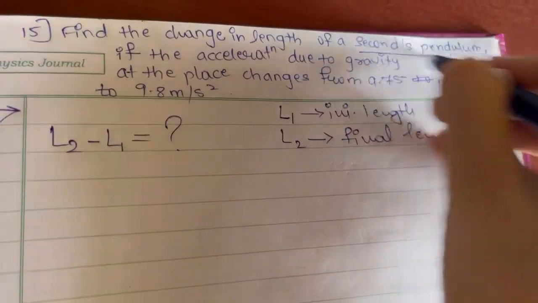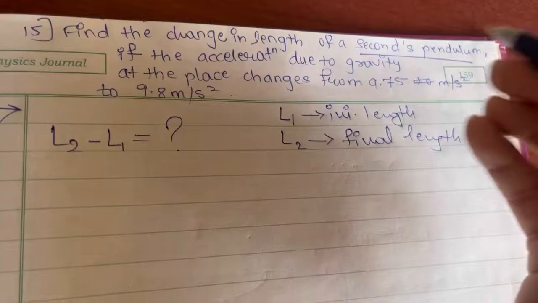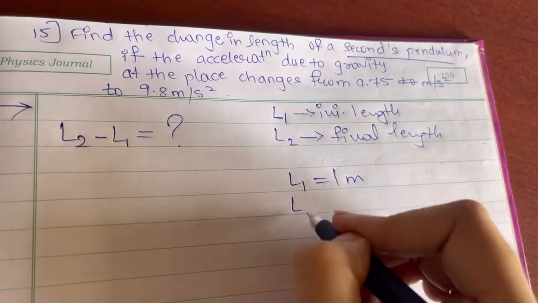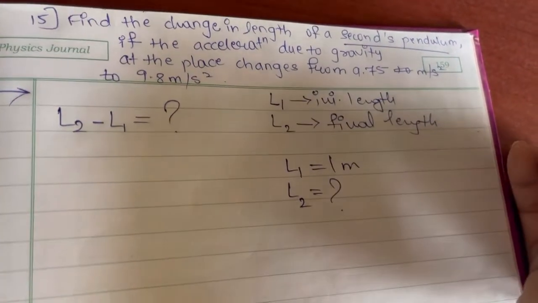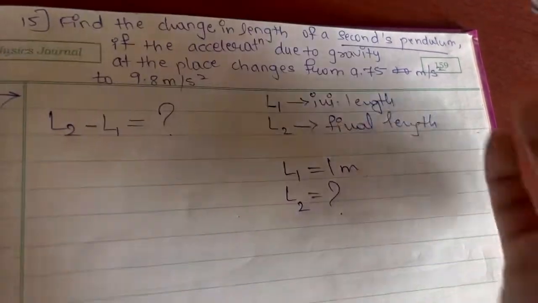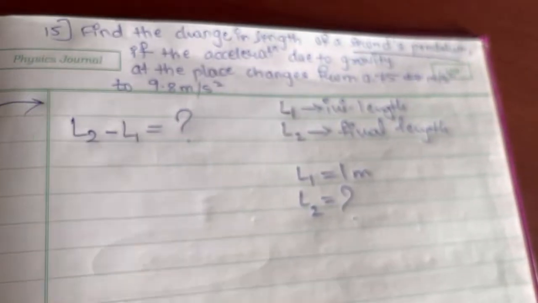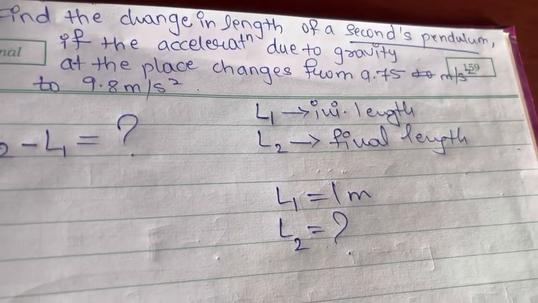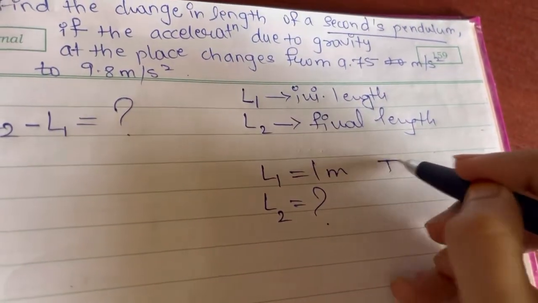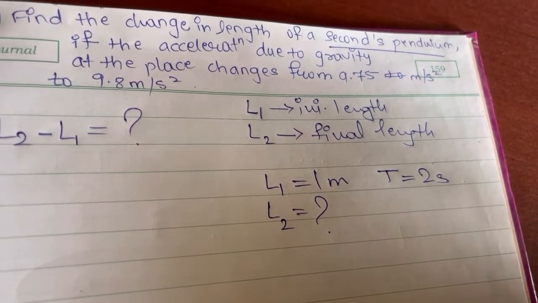Now that is for seconds pendulum, and if it is seconds pendulum, so initial length will be of course 1 meter. Now we are not aware of this new length. One more thing which we come to know from seconds pendulum is the time period is 2 seconds.